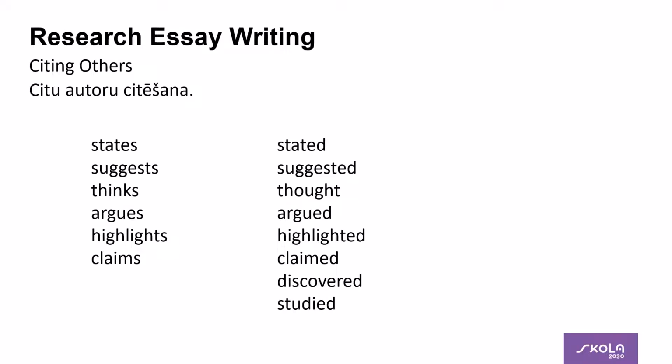But if we use a past form, we're suggesting some kind of distance. Now, it might merely be time distance, but it might also be a suggestion that this idea is no longer valid. It's an old idea. So just by choosing stated, we're suggesting a distance between now, the current research, and this suggestion or statement in the past.